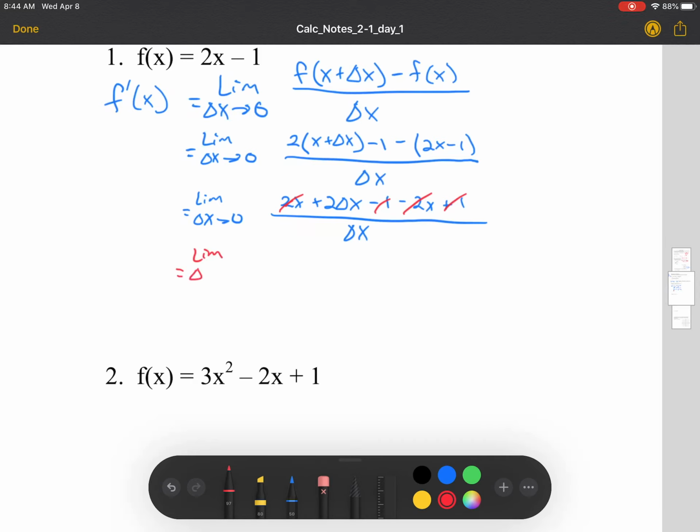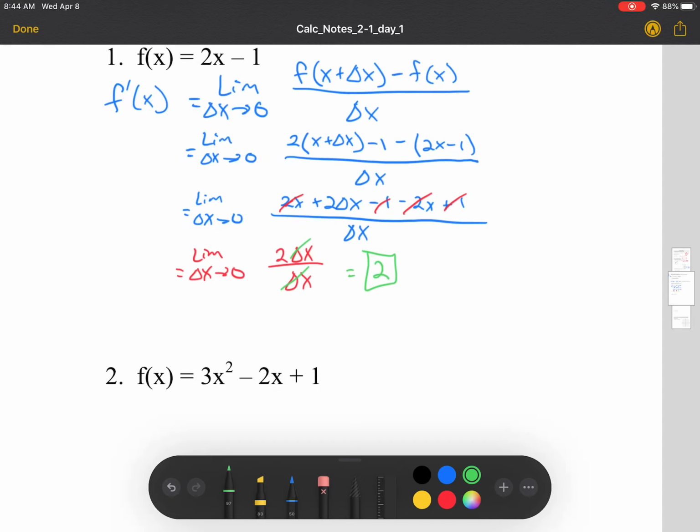Okay, we get down to this next line. We still haven't taken the limit, so we're still writing it. You're going to end up with a 2 delta x over delta x. And as you guessed it, they cancel and you get 2. All right.